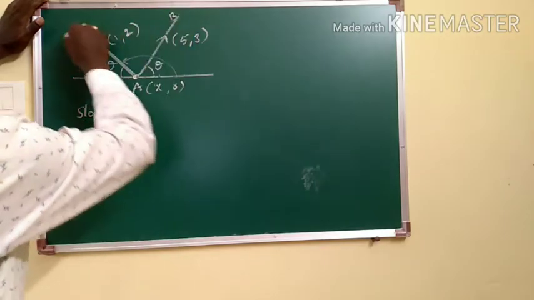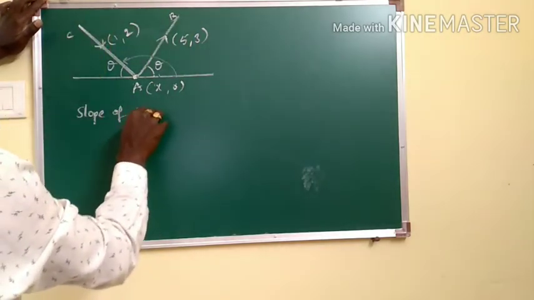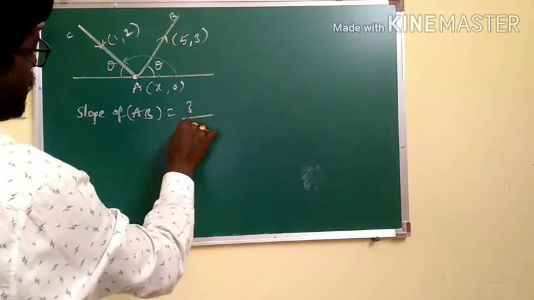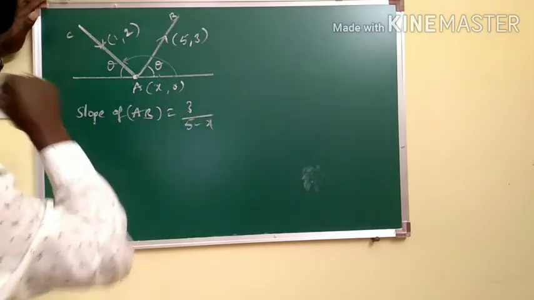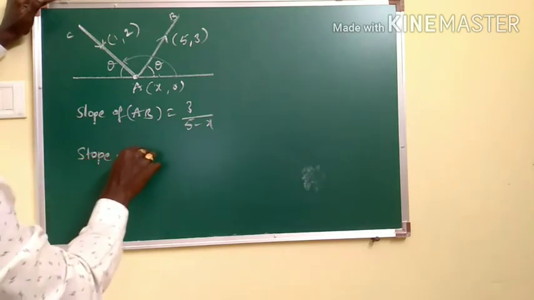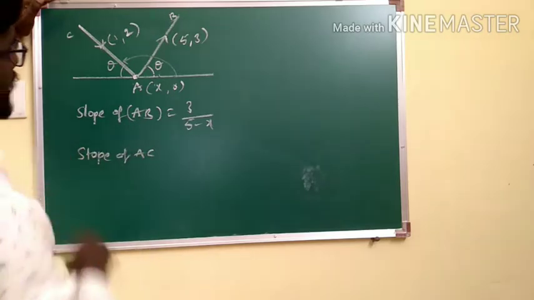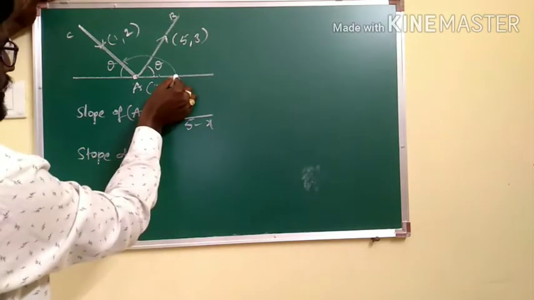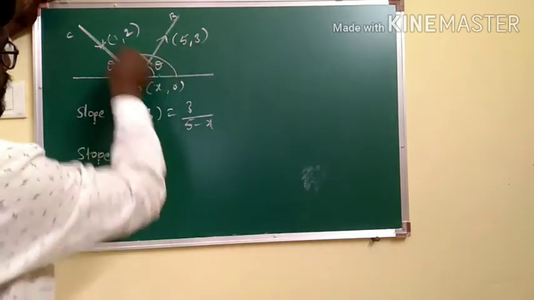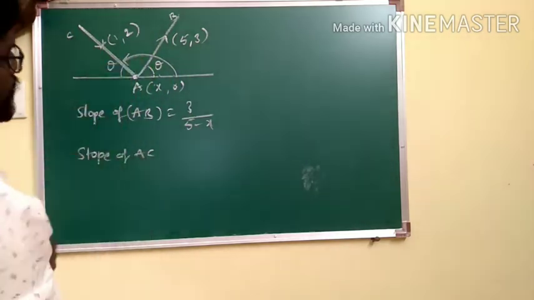let's say this is B, this is C. Okay, slope of AB is equal to 3 minus 0 by 5 minus x, and slope of AC, you can't take tan theta because when we are taking the inclination angle made by the ray with the positive direction of the x-axis we take.